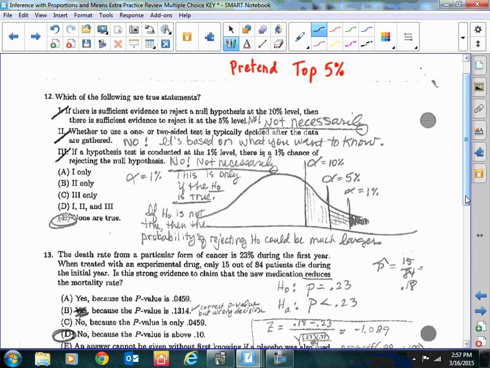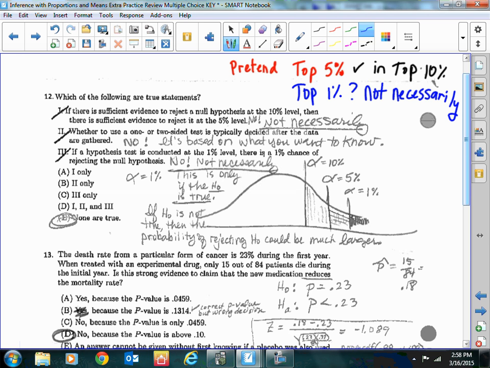Well, if you are in the top 5%, then you are in the top 10% automatically. But are you in the top 1%? And that is not necessarily. Okay, so think about that when you think about this problem.